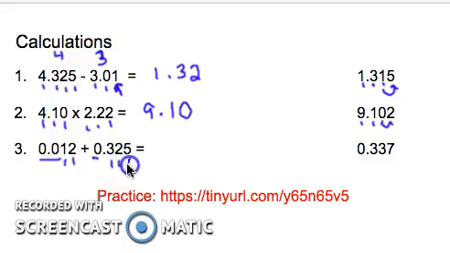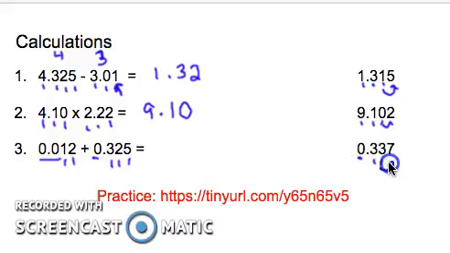So you have 3. So when I see the answer is 0.337, do I go with 2 significant figures or 3? You have to go with the lowest number because that's your degree of accuracy. So you have to go with 2 significant figures. So this is not a significant figure, but this and this are.